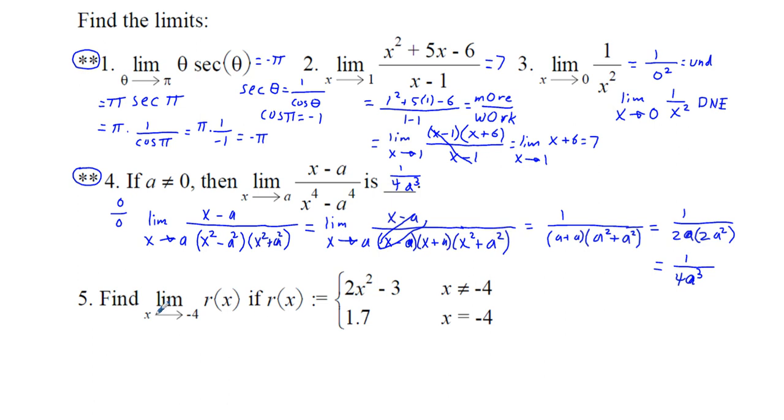Number 5, find the limit as x approaches -4 of r of x if r of x equals 2x squared minus 3 when, and you see this piecewise function, sometimes you'll see a comma on each of these, when x is not equal to -4, and 1.7 when x is equal to -4.